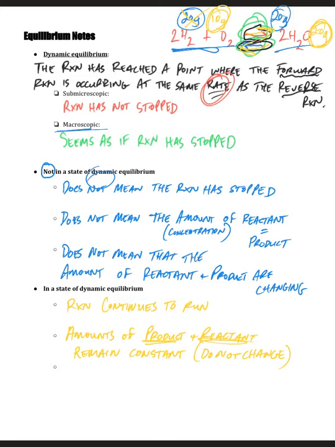They're not equal, but they're staying the same, even though the reaction is continuing to run. And the reason for that is because the forward reaction and reverse reaction are occurring at the same rate.